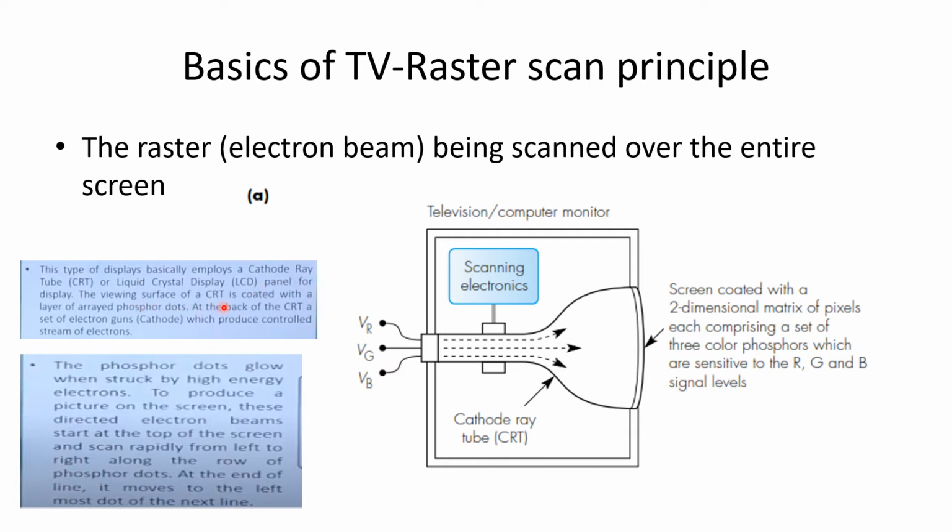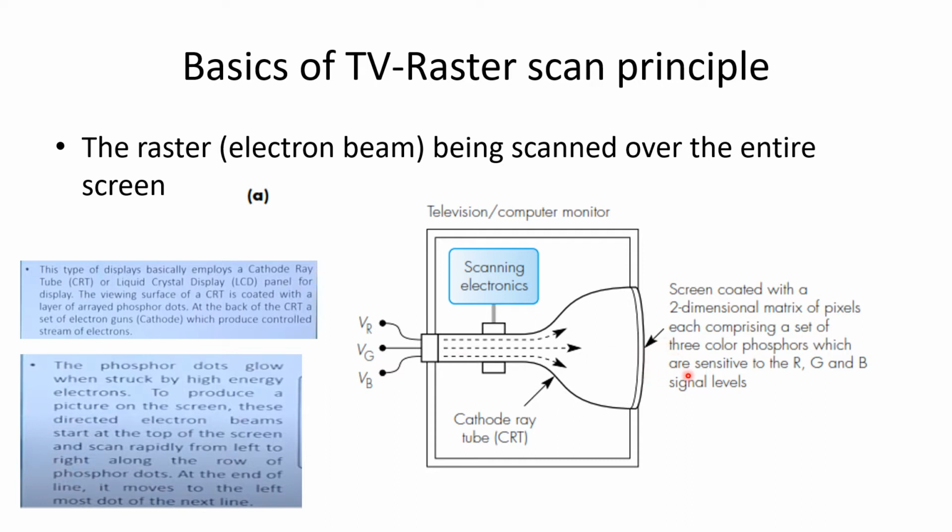The viewing surface of the CRT is coated with a layer of arrayed phosphor dots. At the back of the CRT there is a set of electron guns, that is a cathode arrangement which produces a controlled stream of electrons. The electrons produced by the heated cathode break the image into a series of lines.